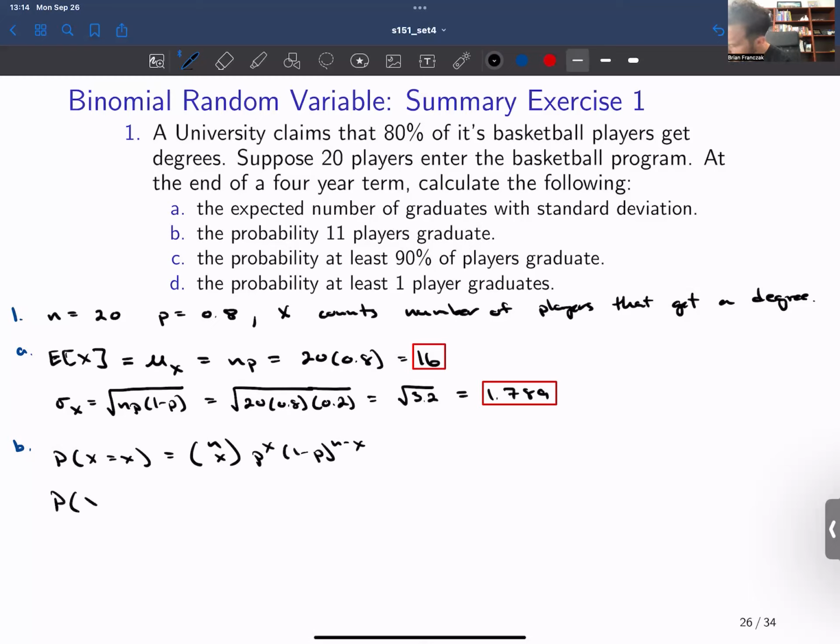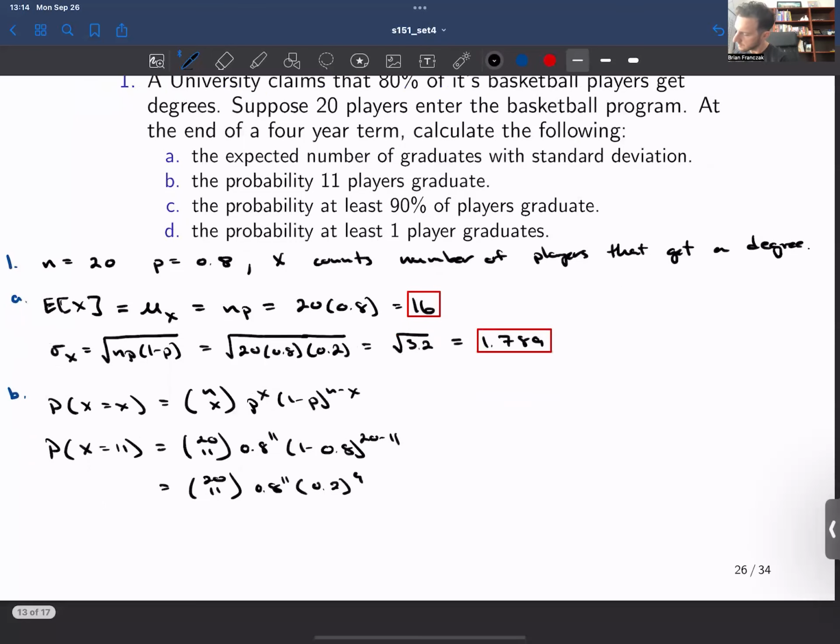So the probability X equals 11 is 20 choose 11, 0.8 to the 11, 1 minus 0.8 to the 20 minus 11. So this is 20 choose 11, 0.8 to the 11, 0.2 to the 9.